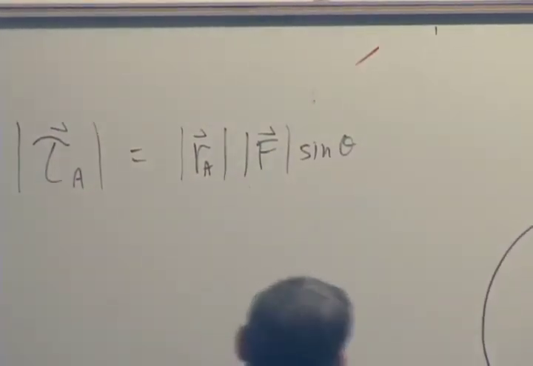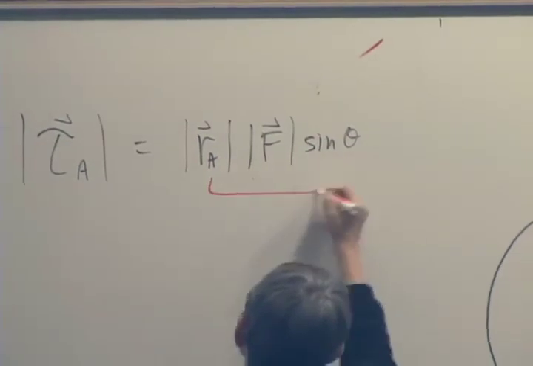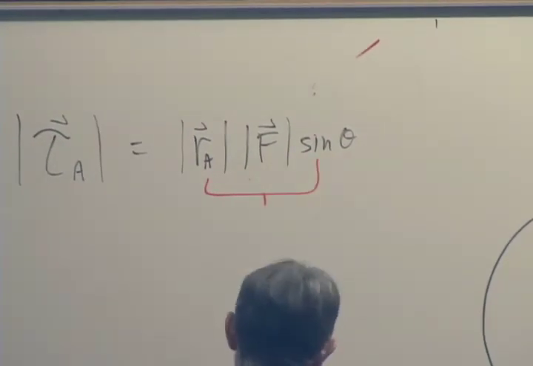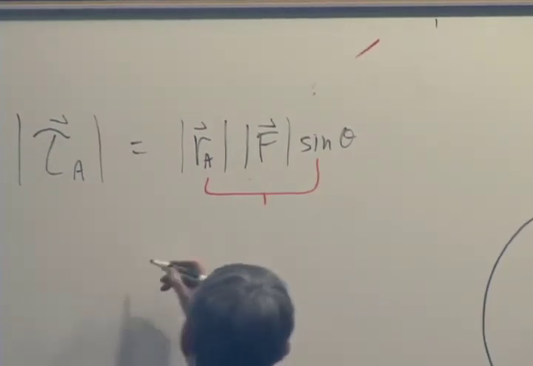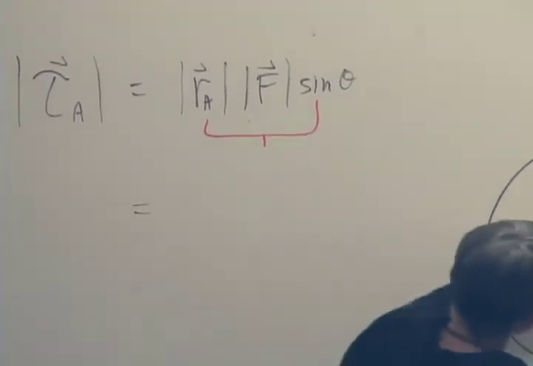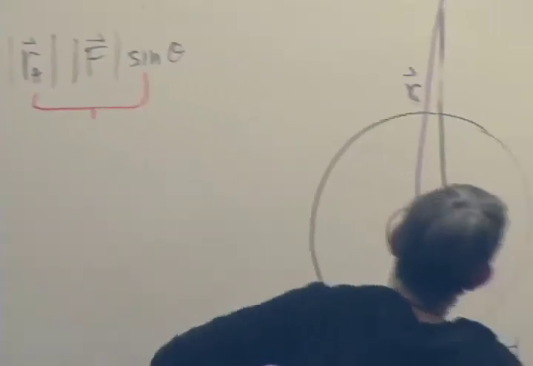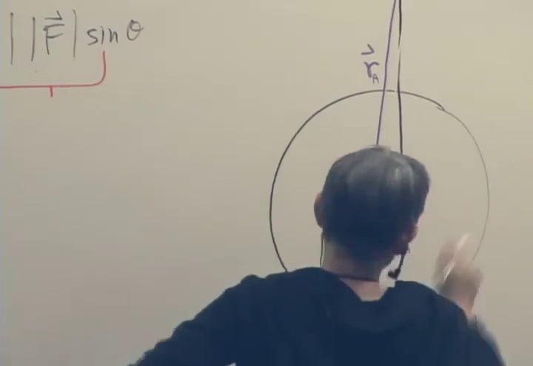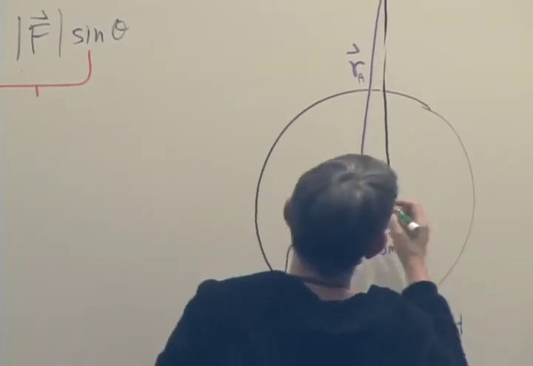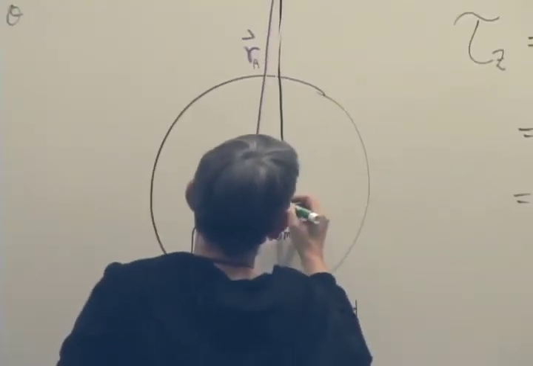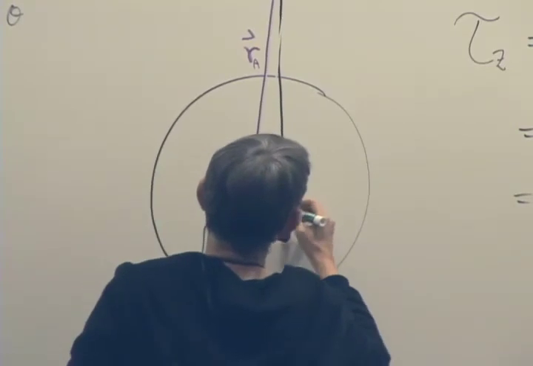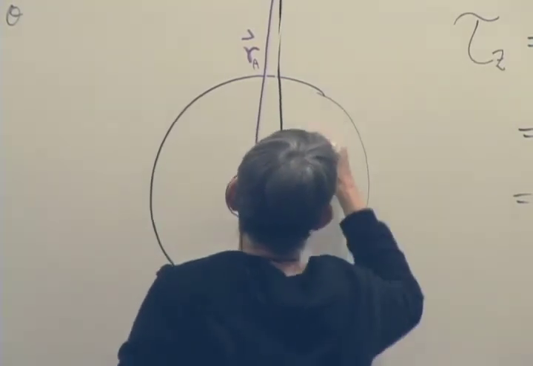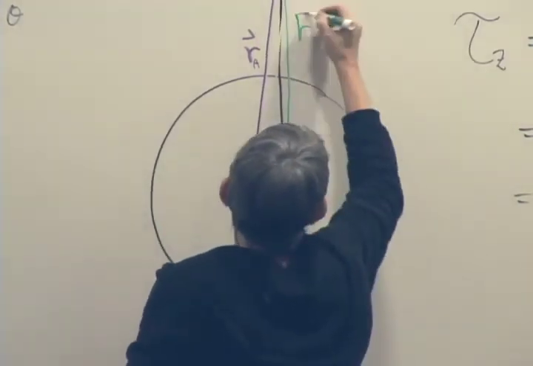But it turns out that this piece, r_A sine of theta, is really the component of r perpendicular to F. So we could express this vector r as the sum of that vector and that vector.